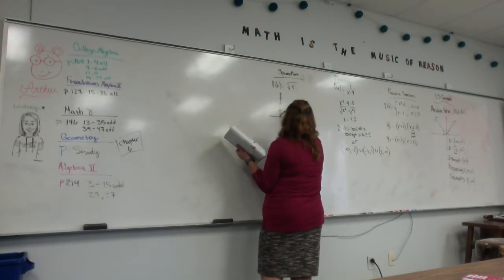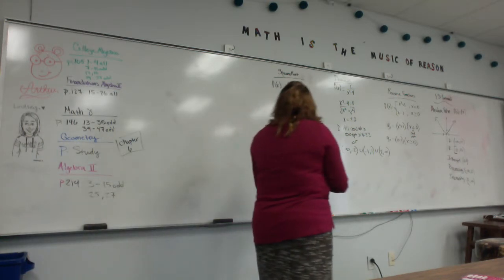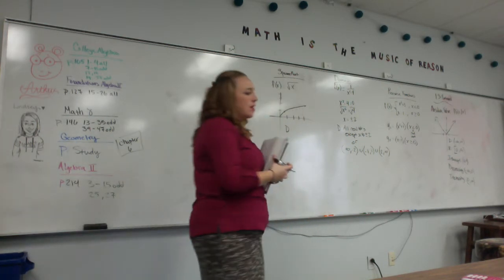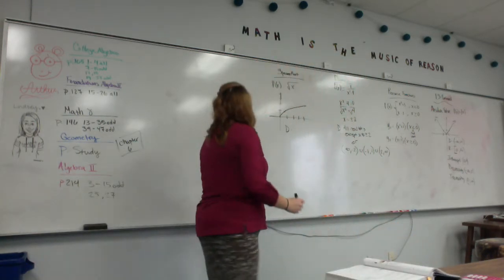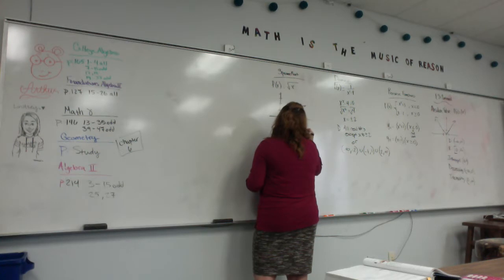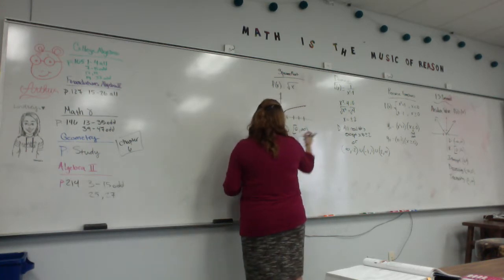So your parent function looks like that. What is my domain of this graph? How far does it travel on the x-axis? It does go to positive infinity. What about this side? It includes 0. 0 to infinity.